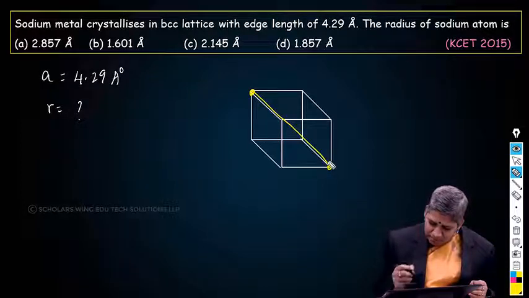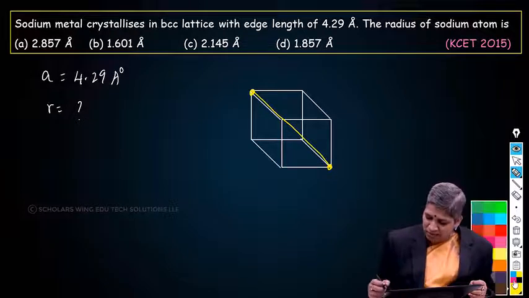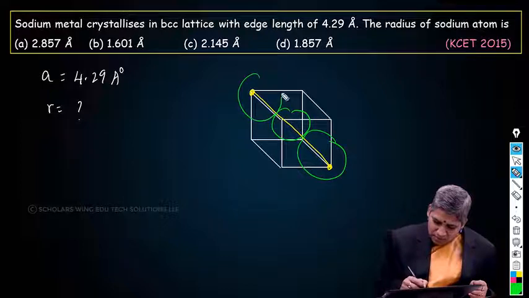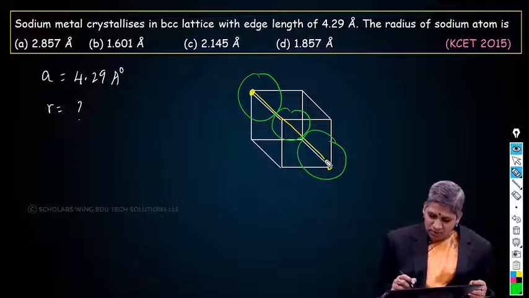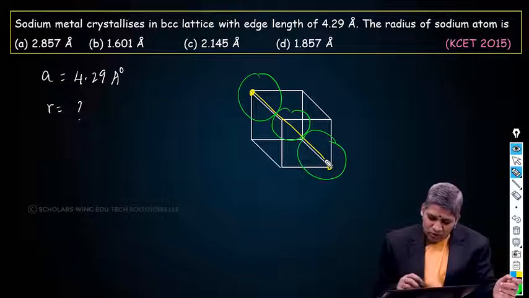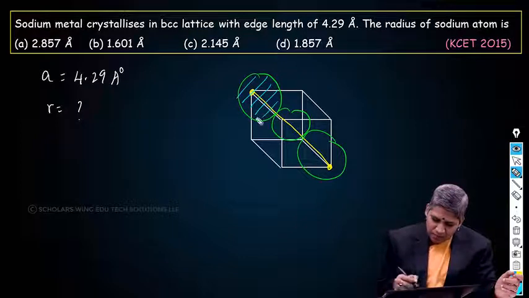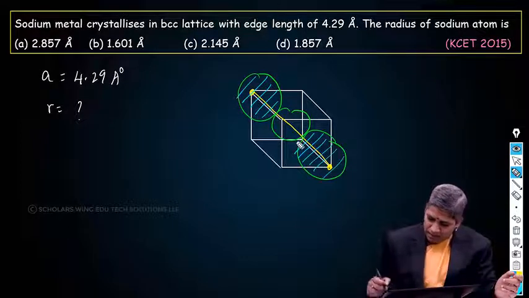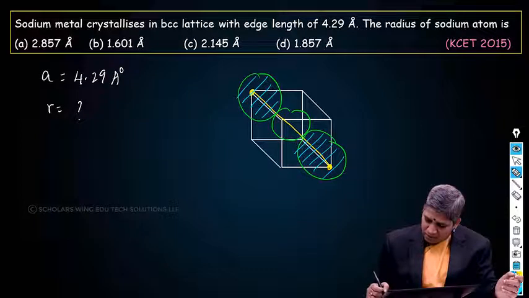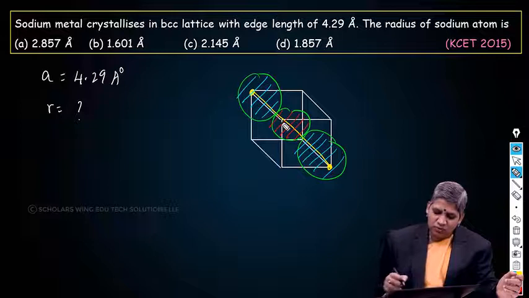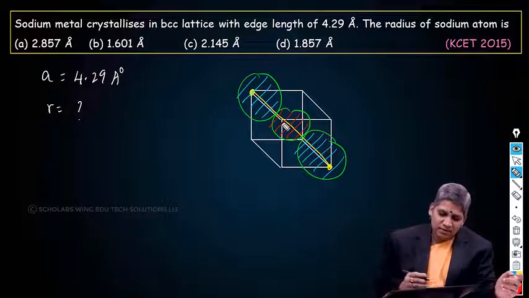Along the body diagonal, we saw 3 atoms, 1 in the center and 2 at the corners. I'm trying my best to draw, all are not equal, just excuse me for that. So 2 at the corners and 1 at the center of the body. If you join their centers, you get the body diagonal.